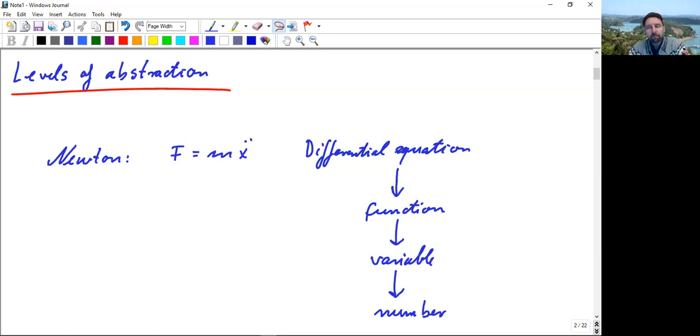But even before the advent of quantum mechanics, physicists had looked at this hierarchy of abstractions and thought, can we do better than this? Is there a way to derive the differential equations? Now you may wonder, why would you want to derive that again? You already have F equal mx double dot.